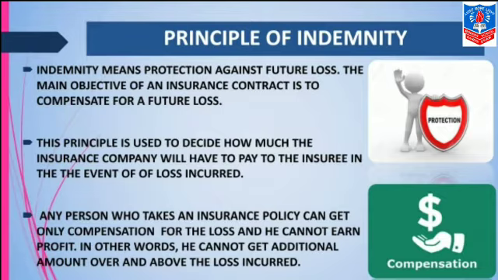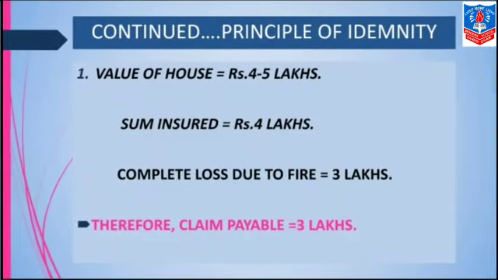In case the insurer takes the insurance for a lesser amount, then he will get only that much amount for which he has taken the insurance. The remaining loss will have to be borne by him. Let us discuss few examples.